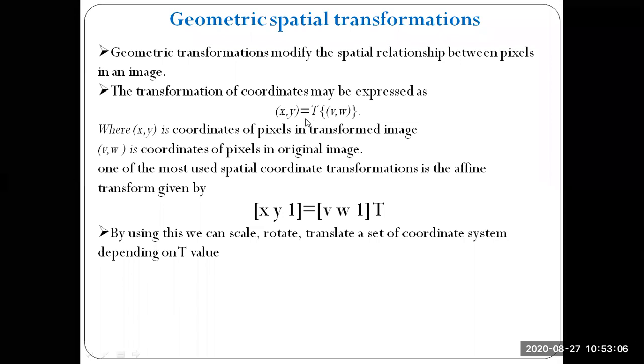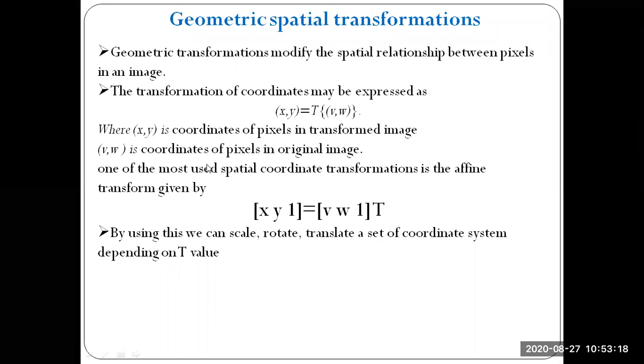Here x,y are the coordinates of the pixels in the transformed image, and v,w are the coordinates of the pixels in the original image. So v,w is the input image and the output image is x,y.